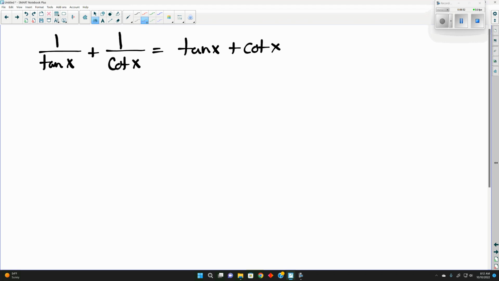I mean, when I first look at this, I think of sine and cosine, yes? So what we could say is that tangent is sine of x over cosine of x. 1 over cotangent, this would be cosine of x over sine of x.